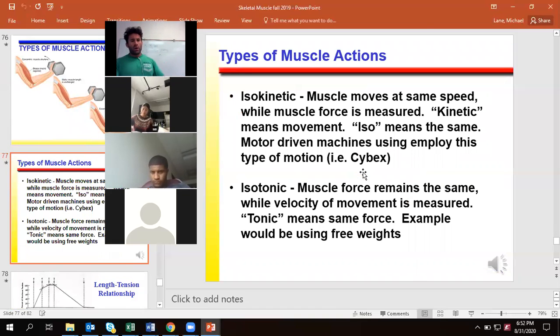Now, when we are lifting weights and moving objects, typically this is going to be what's known as isotonic. Literally, it means you're producing the same force, you're lifting the same load. It's actually isoinertial lifting because it's going to be the same object, but once it gets moving, inertia does help, so you don't have to keep pushing. Isokinetic is going to be exercise where you're only able to move at the same speed, meaning no matter how hard you contract or how easily you contract, the object's still going to move at the same speed.